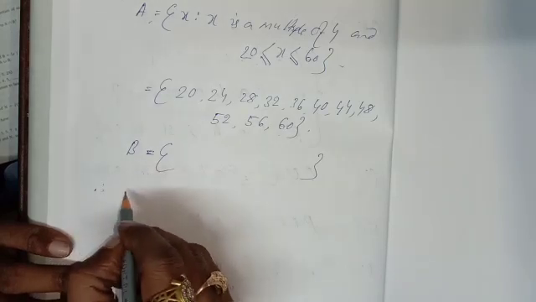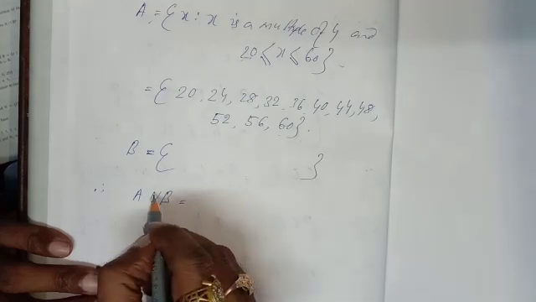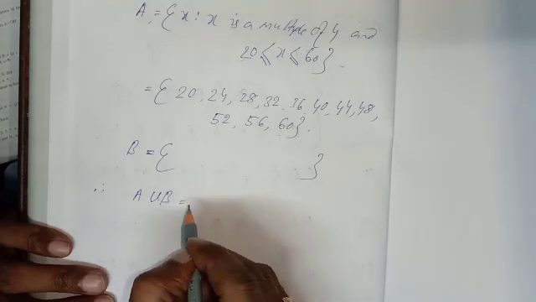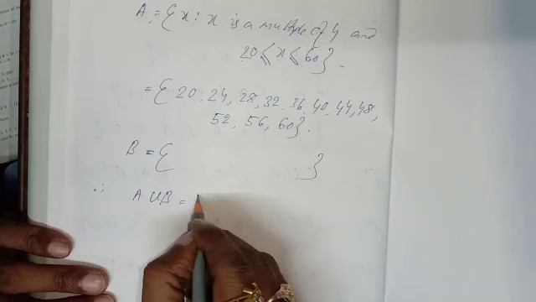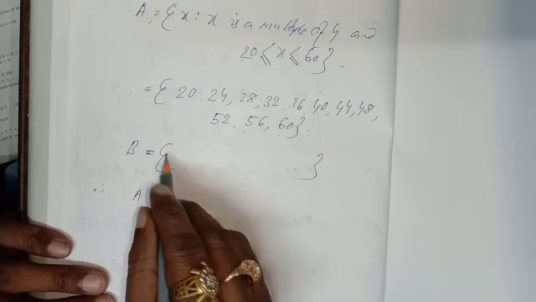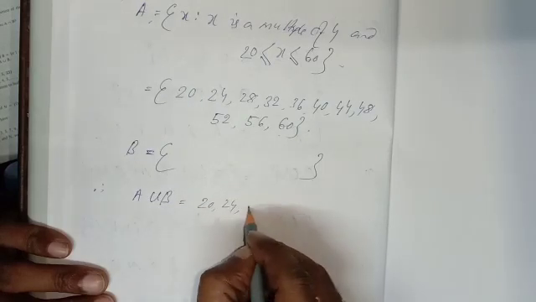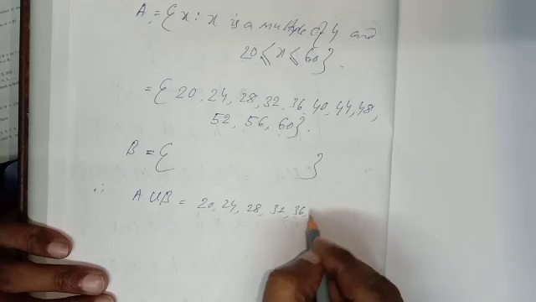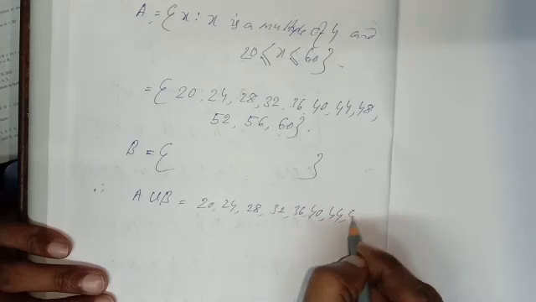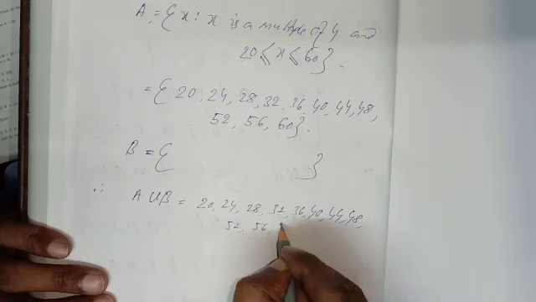Therefore, you have to find out A union B. As per the concept, A union B means all the elements present in set A and set B. So set A elements are 20, 24, 28, 32, 36, 40, 44, 48, 52, 56, 60.